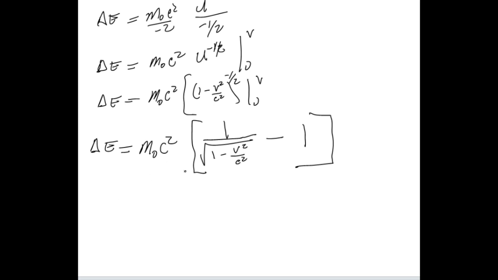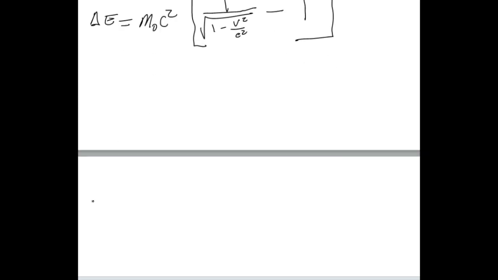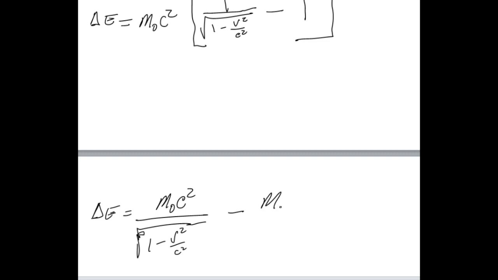And so this is my final energy equation. If I multiply it through by m naught times c squared, I get the change in energy is equal to m naught times c squared divided by the square root of 1 minus v squared over c squared, minus m naught times c squared.